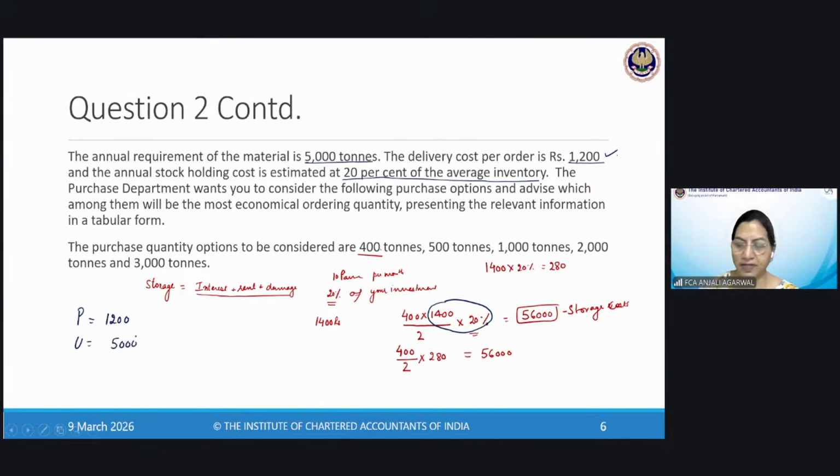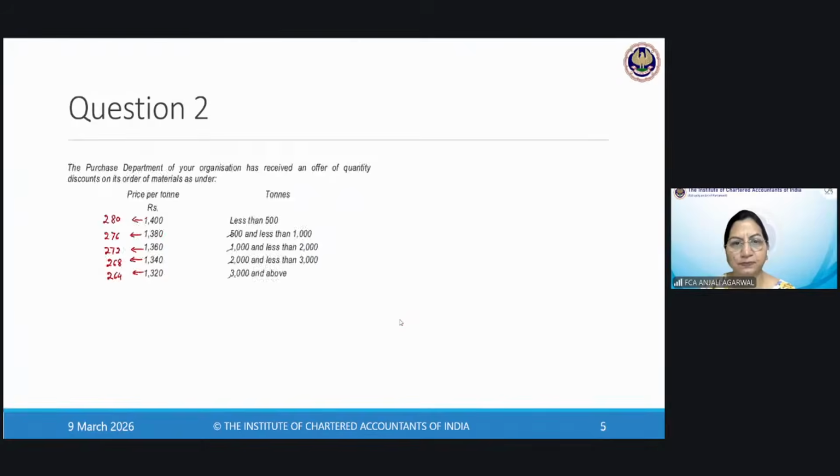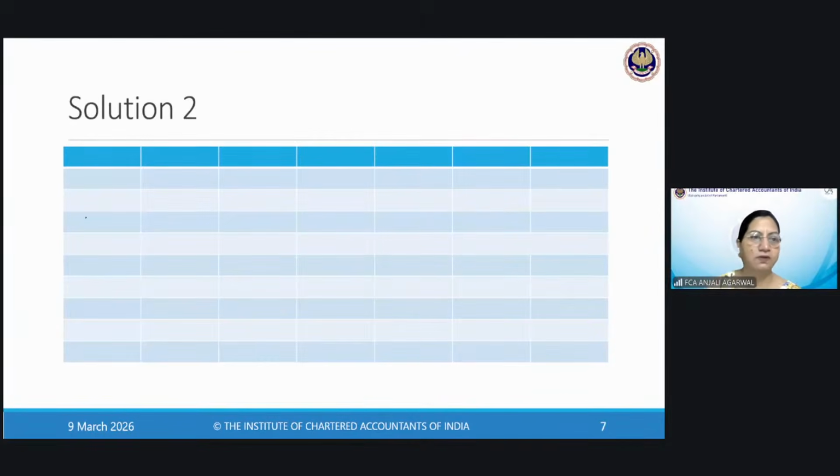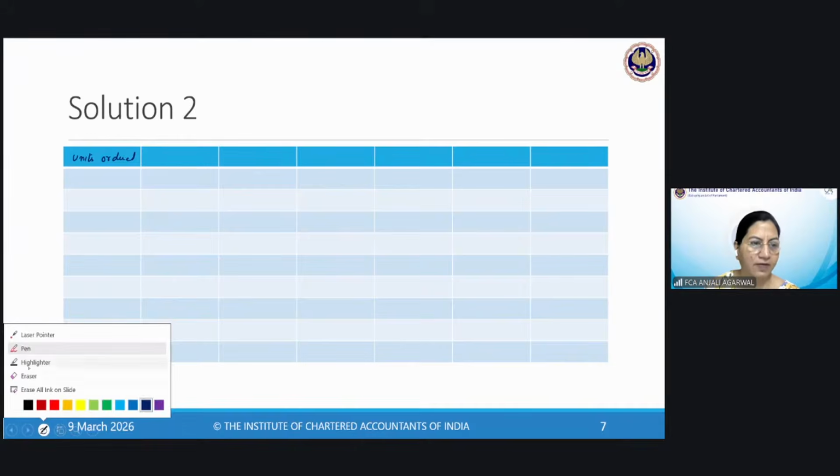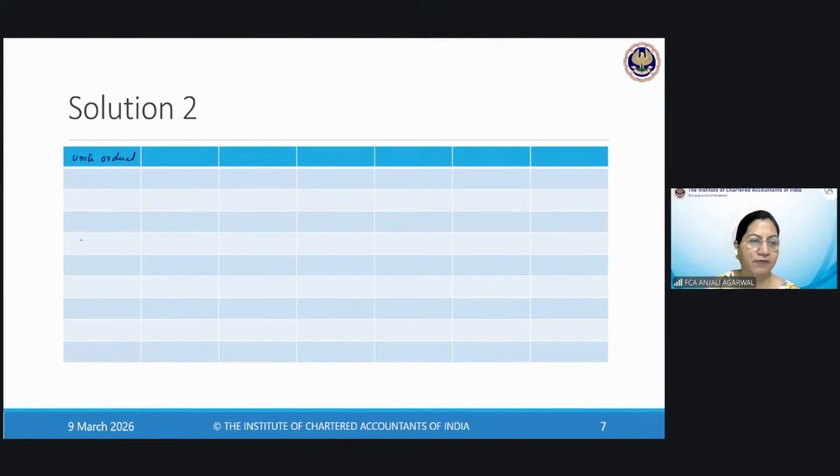Theoretically, I'll keep the fractions, though I may write a note that practically it is not possible to keep the fractions. When you have material cost as well, you need one more column to calculate which is the best inventory ordering level.